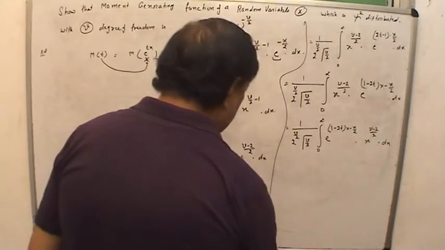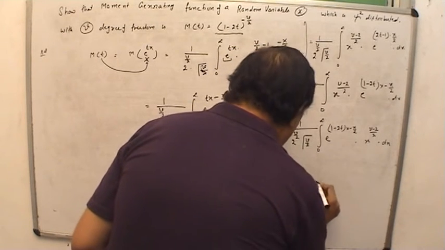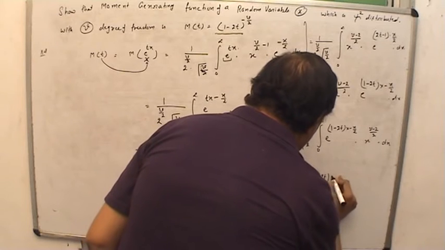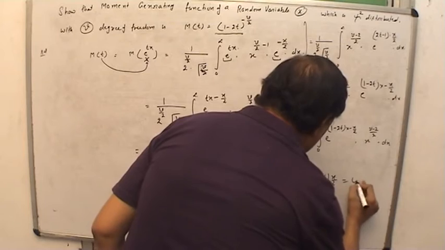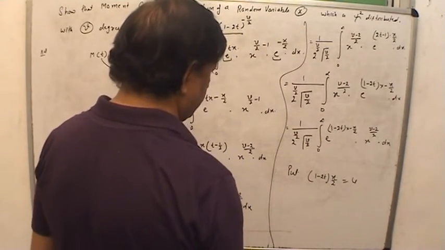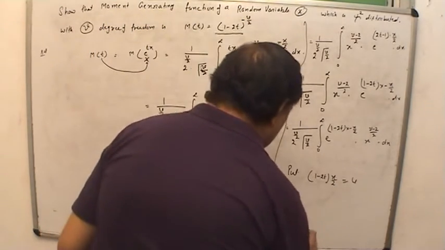Now we put 1 minus 2t into x by 2 is equal to u.